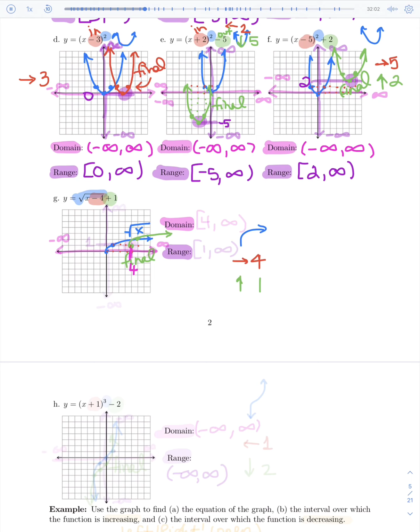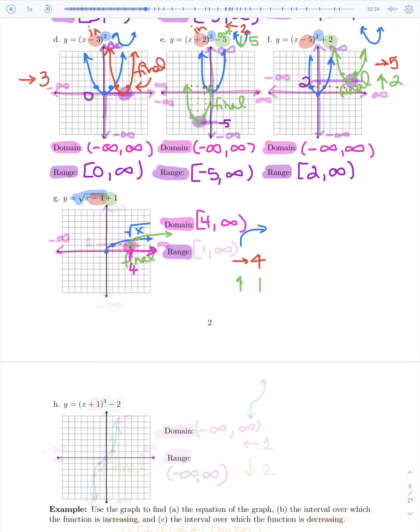However, it does continue on forever after that. So our domain will be 4 to infinity with a parentheses. Because there is a point at 4, just like all of our other graphs, we are going to use a bracket at 4. There's a graph at 4, so we need to include it.